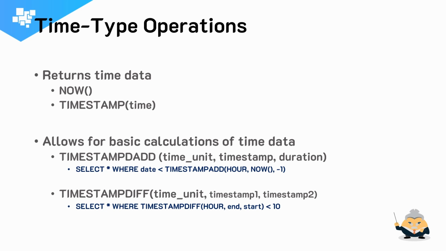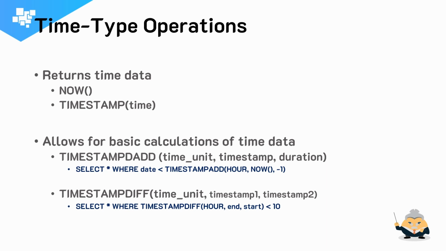You can also do very basic calculations of time data. So for example, here there's one called timestamp add, and you can see the parameters required. So time unit, here you can do like second, minute, hour, day. I think that's everything. And then timestamp is just the time, and then you do the duration. So in the example here, it says select all columns where the date is less than, and then we did a timestamp add.